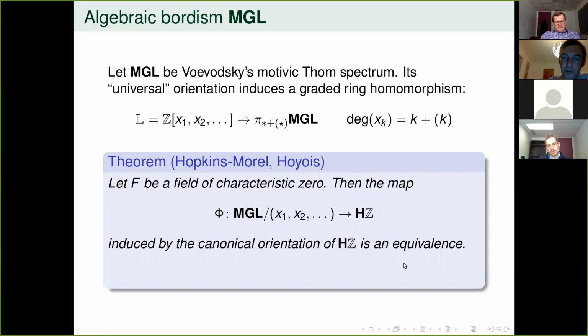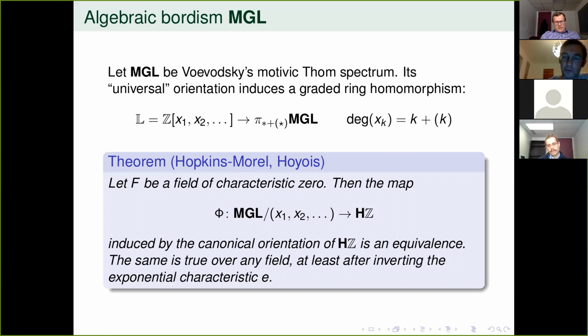So this is similar to the topological situation for MU, and this works over any field with the caveat that you have to invert the exponential characteristic. Exponential characteristic means it's 1 if the characteristic is 0, and it's the characteristic if the characteristic is positive. So over a field of characteristic 5, you have to invert 5, then you are sure that this map is an equivalence.